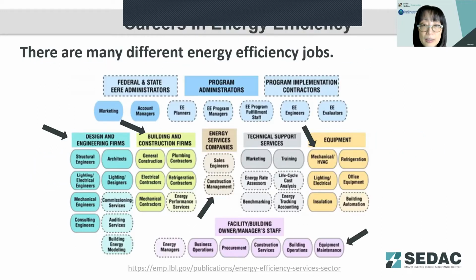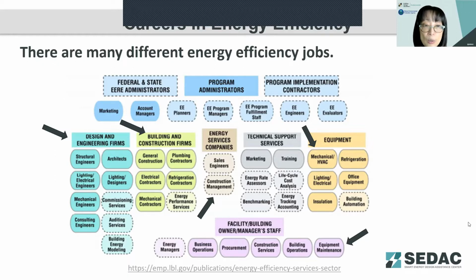This graphic shows a range of different energy efficiency jobs. The jobs with dotted outlines, I hope you can see it well, are jobs that are relatively new, such as commissioning services, auditing services, energy modeling, and building automation.